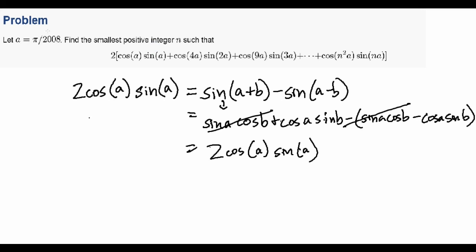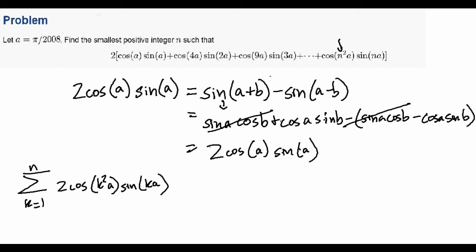Now that we know this is true, this expression is originally the summation from k equals 1 to n of 2 cosine(k squared A) sine(kA), since k goes from 1 to n in this sequence.